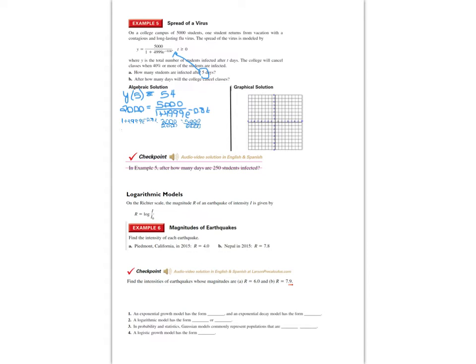So we've got 1 plus 4999 e to the negative 0.8t is equal to 5 halves. Subtract 1. So now we've got 4999 e to the negative 0.8t is equal to, when you subtract 1, 3 halves.